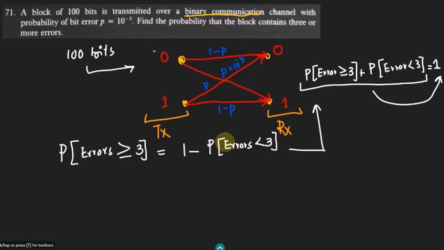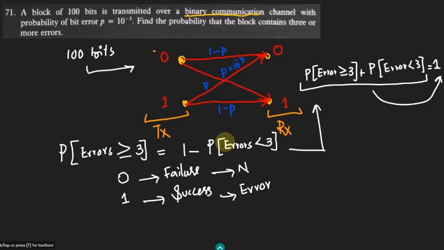So now we want to find out the probability here, and we can see that errors are basically, this is a binary communication, and we will either receive 0 or 1. 0 is for failure and 1 is for the success, or here success is the error and failure is no error.